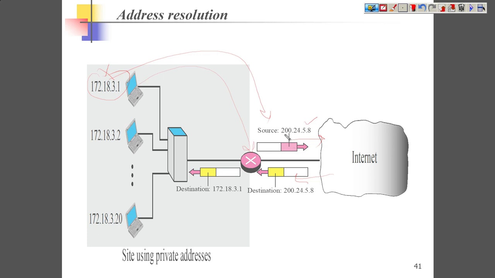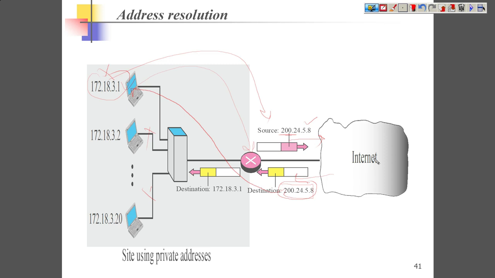So this is a kind of sender. And when the reply comes, it will come to the same IP. And when this packet comes to this router, the router will be able to easily identify that this address reflects this host IP, and then it will deliver the packet to this host, not to any other host.